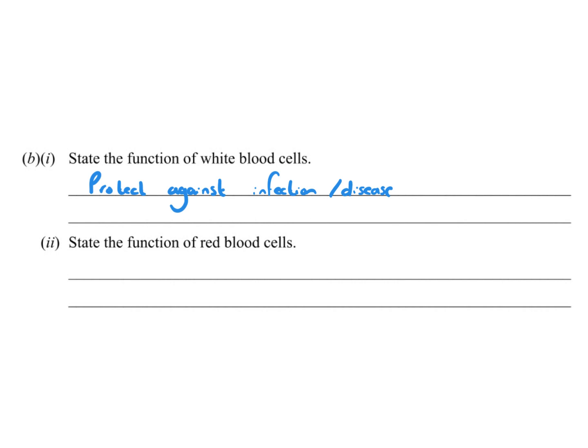And the red blood cells, the function of those is to carry oxygen around the body to all of our cells. Okay, so nice short questions there, didn't need too much detail, just mentioning protecting against infection or disease and carrying oxygen around our bodies.